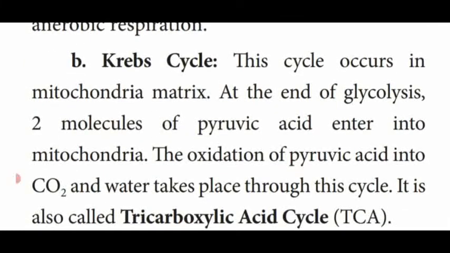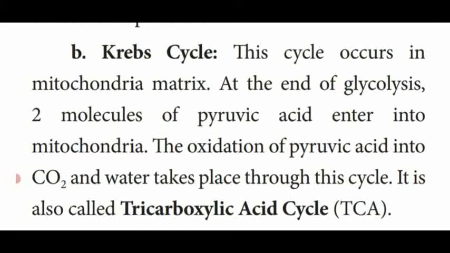Next one, Krebs cycle. This one occurs in the mitochondrial matrix. What is the mitochondrial matrix? The 2 membranes enclose the centermost region of the mitochondria, which is called the mitochondrial matrix. The Krebs cycle takes place in the mitochondrial matrix only. In glycolysis, the end product is 2 molecules of pyruvic acid, which is a 3 carbon compound.